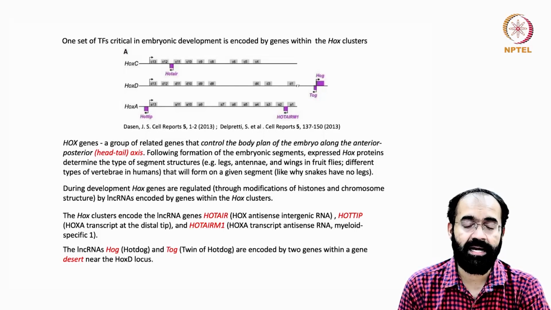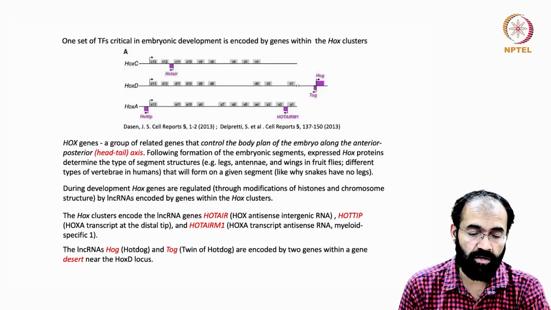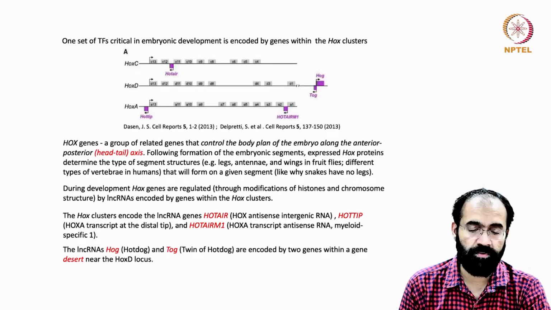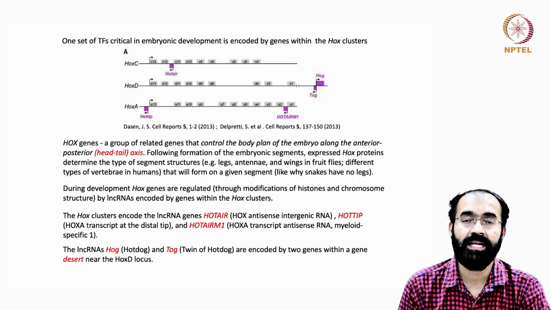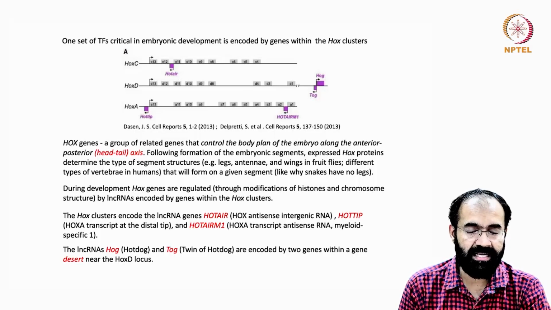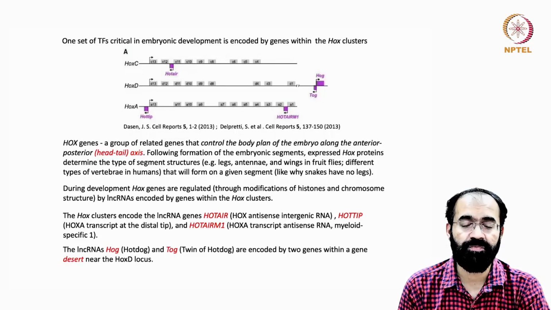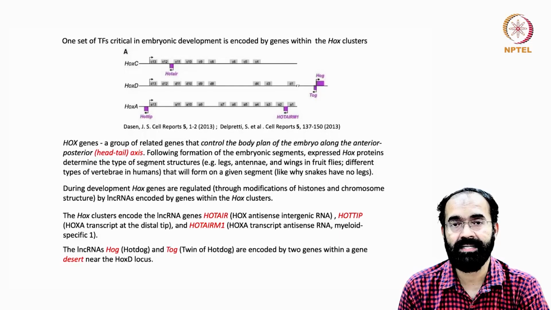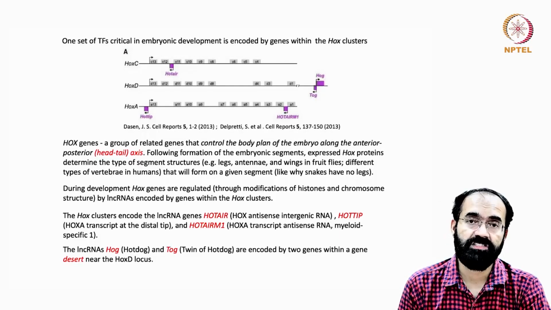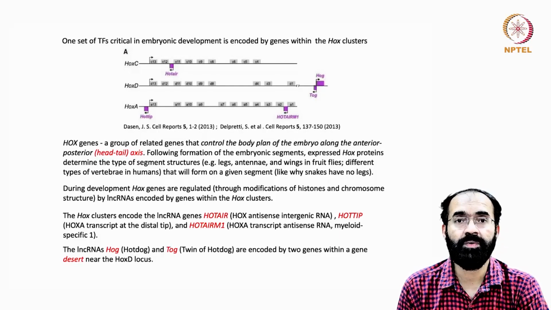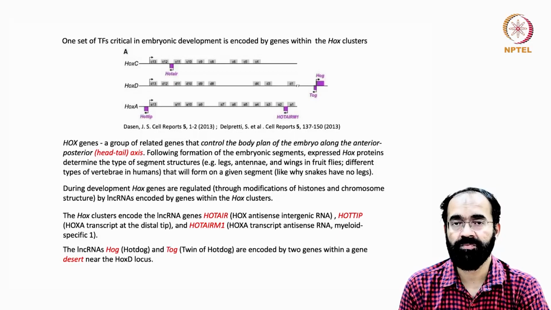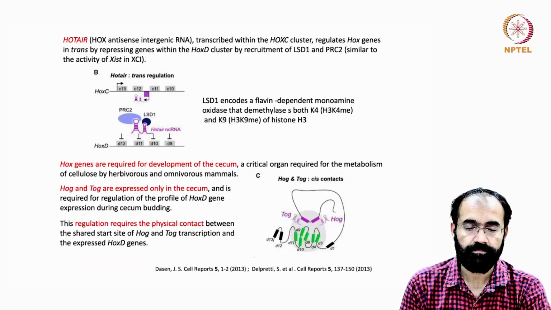So the lncRNA HOTDOG, that is a short form of hot dog, and TWIN OF HOTDOG, are encoded by two genes within a gene desert near the HOXD locus. So there are a bunch of non-coding RNAs located in the HOX gene clusters that influence the expression pattern of these HOX genes.